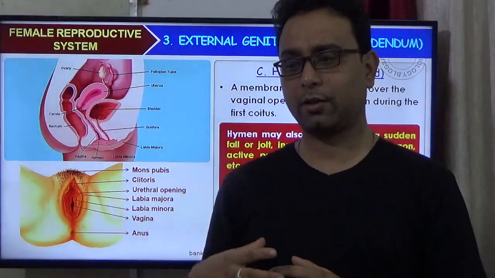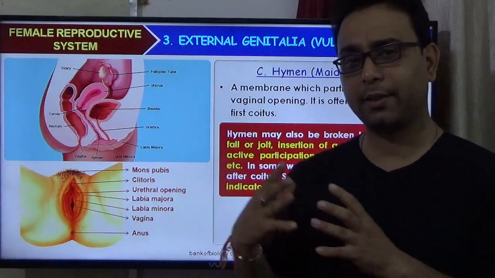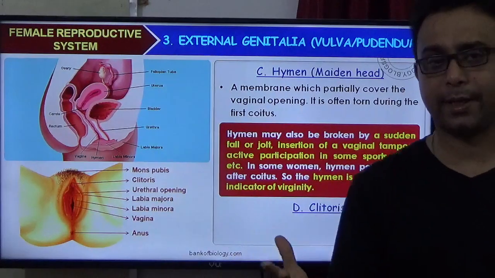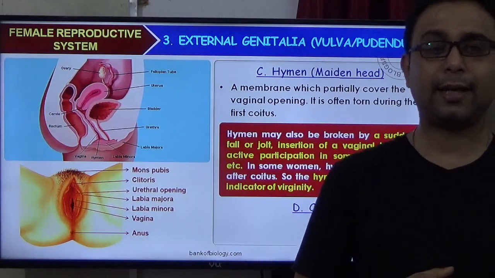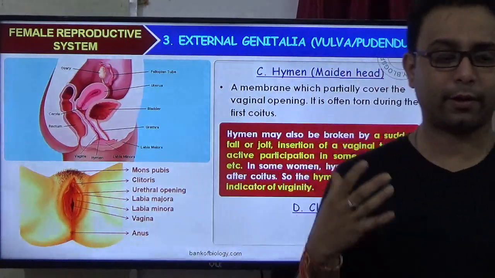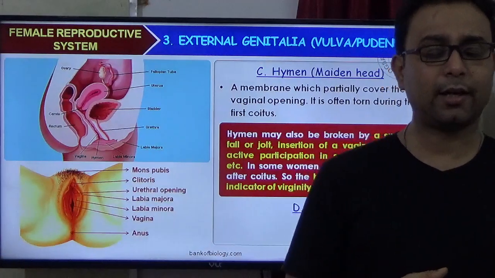if you think that the hymen breaks only in the first sexual intercourse, that is totally wrong, because the hymen can also break at other times, such as with a vaginal tampon or lots of exercise.